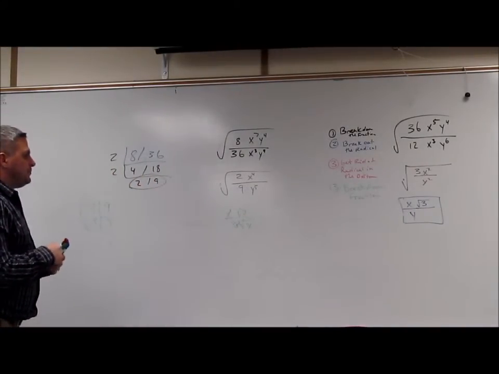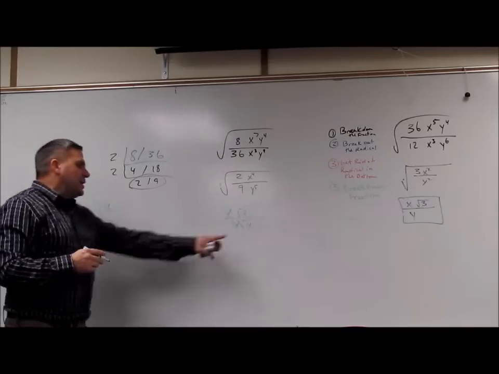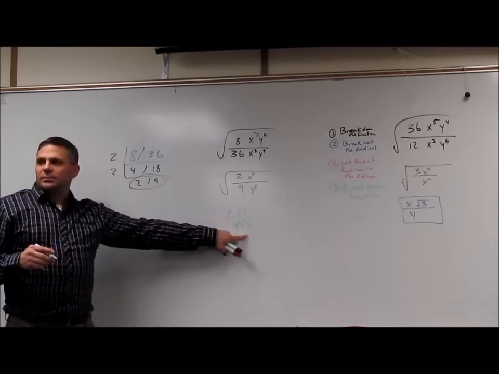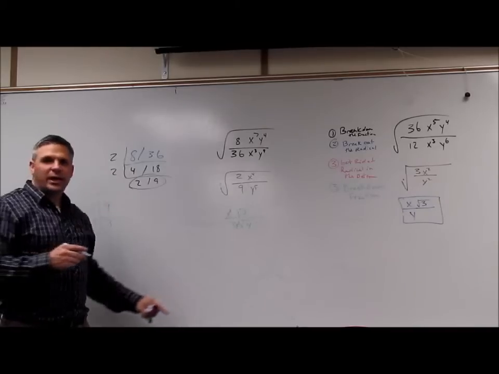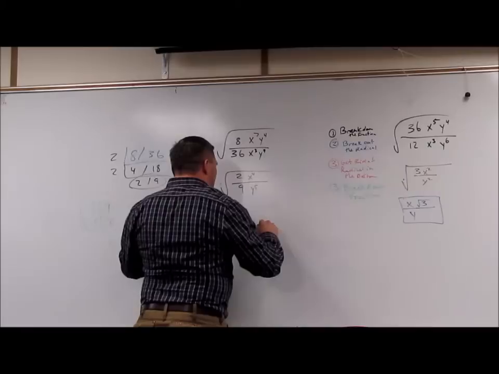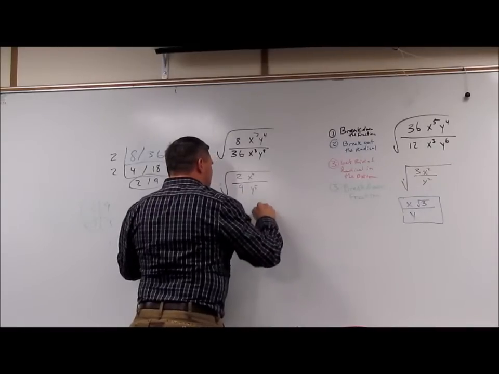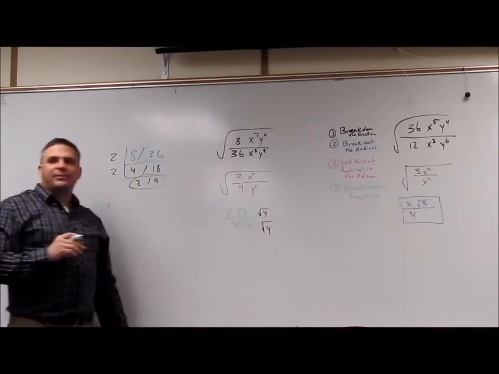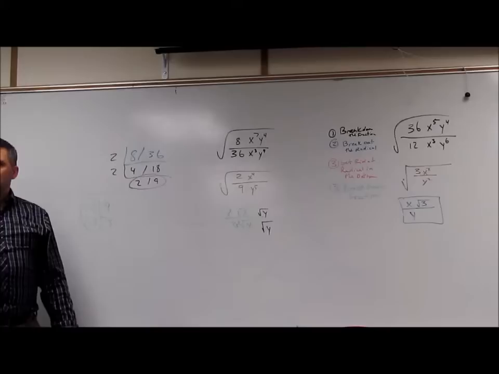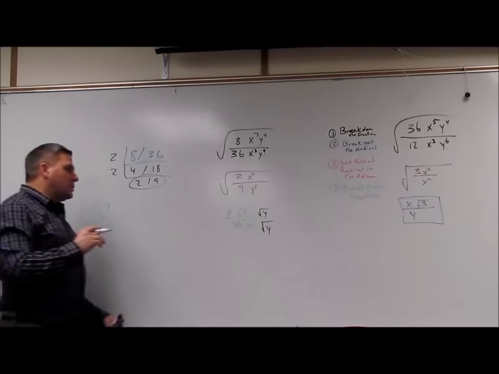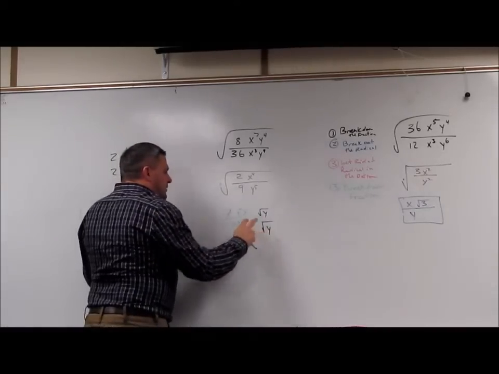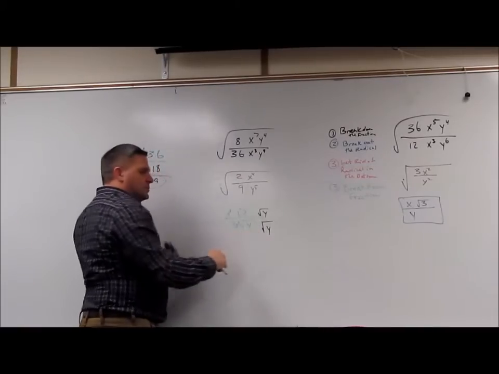So now what we've got to do is get rid of that y. When we get rid of this y, we have to do something like that, right? So now, the square root of y times the square root of y.